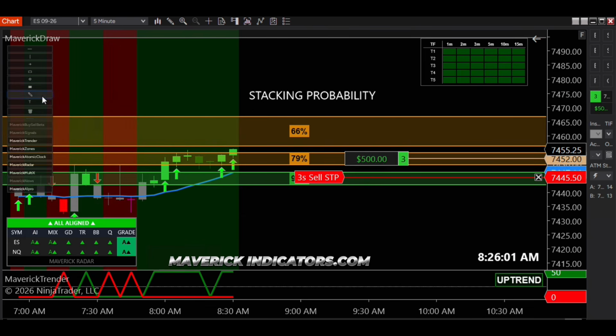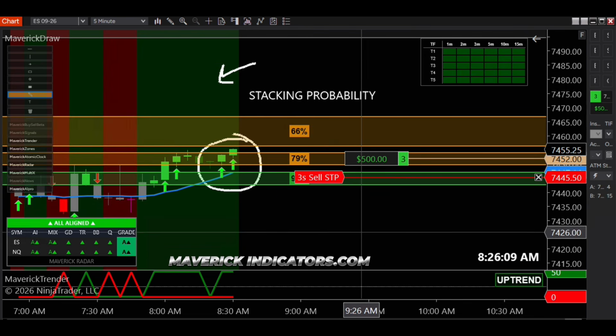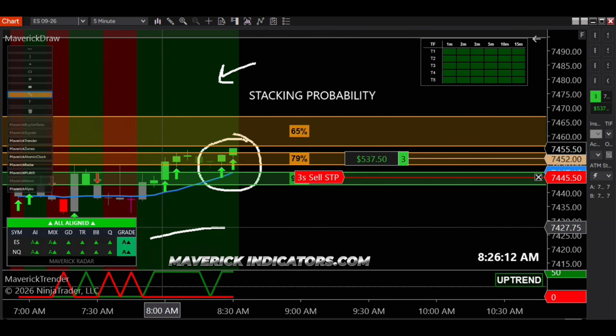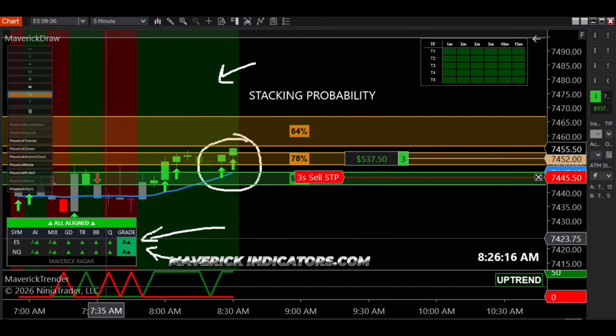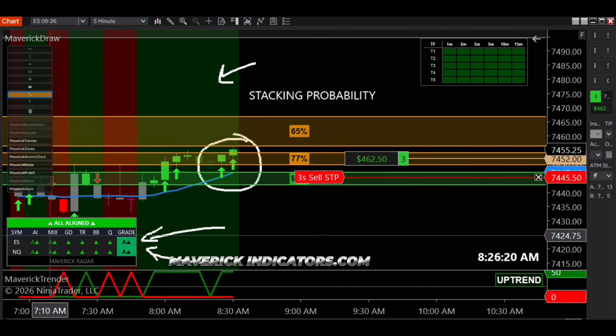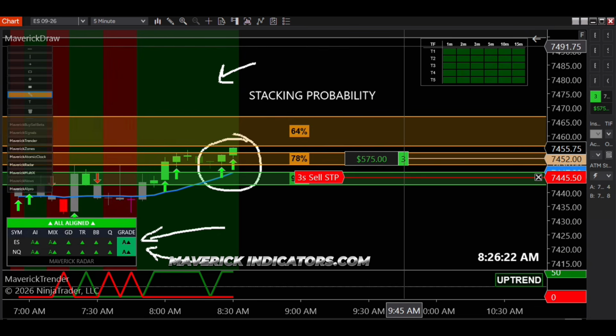If it walks like a duck, quacks like a duck, looks like a duck, it's probably a duck. Green background, bulls are in control. Bright green candles, your strongest upside data candle. A+ setup on both ES and NQ. Okay, when both of these guys are moving in the same direction, let's go. And they get graded the same way.